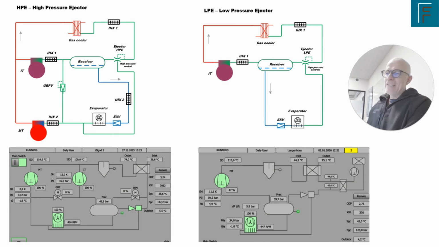So as you can see down here on the diagram, the lift is now only around 6 bar because it's lifting from 34 bar to 40 bar. But it's taking all the mass flow, all the gas from the evaporator, and lifting it back. And there's only one compressor group compressing it back to the high pressure level.